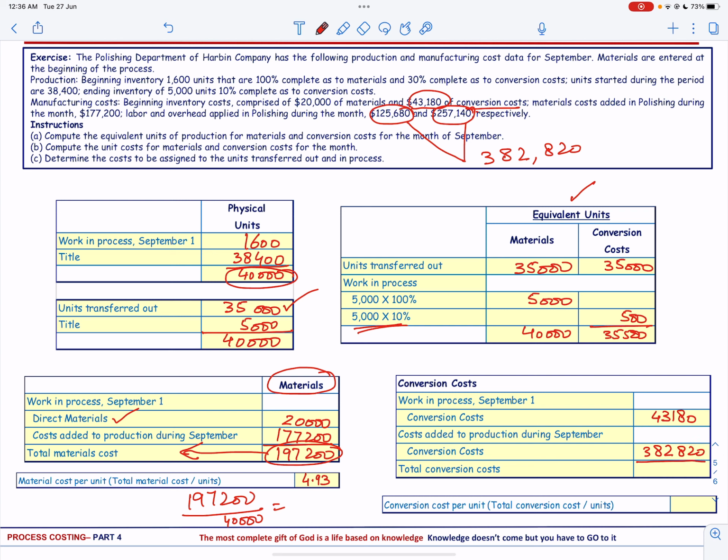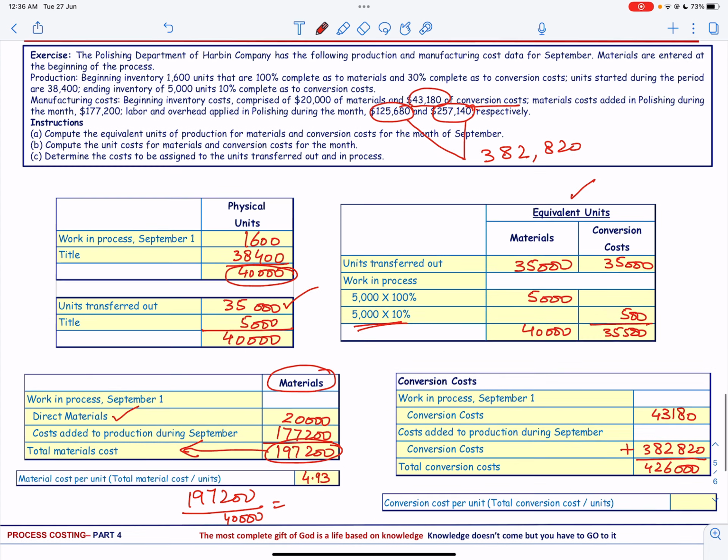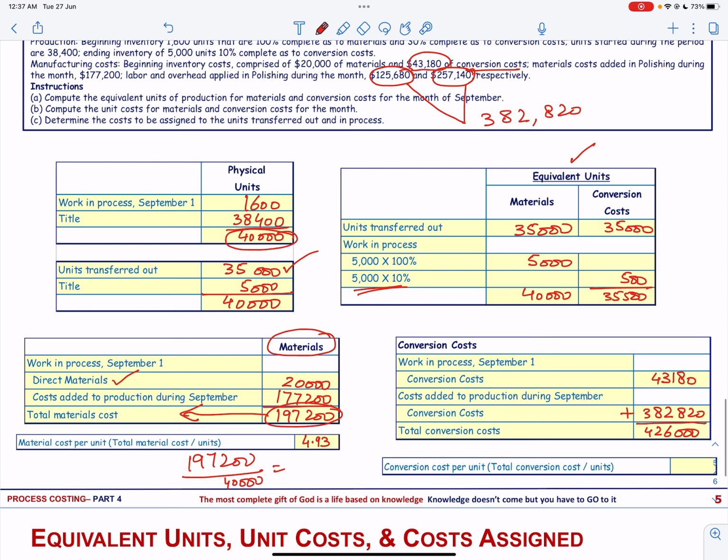And the total conversion cost will be the total of the two, and that is 426,000. And the conversion cost per unit now will be the total conversion cost, 426,000, divided by the units, 35,500. So this will be equal to 12.